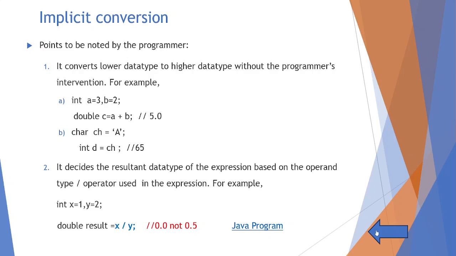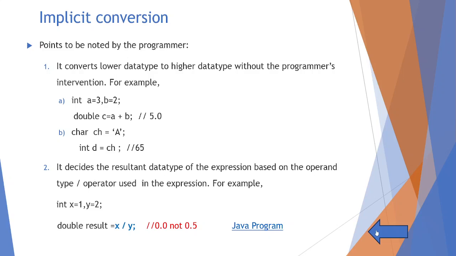Int x is equal to 1, y is equal to 2, double result is equal to x upon y. The answer will be 0.0. Why? Because x is an integer, y is an integer, 1 upon 2 is 0. But we are storing it in a double variable, so 0.0 will be stored, but not 0.5.